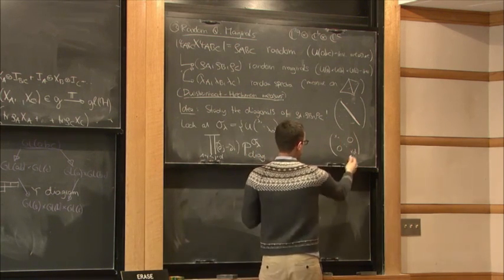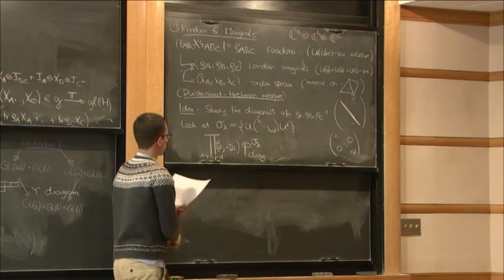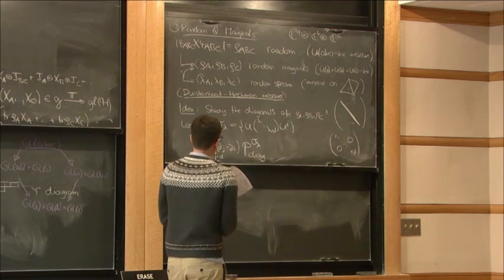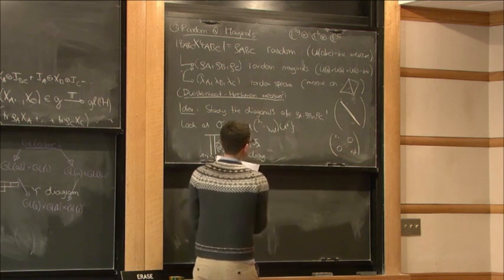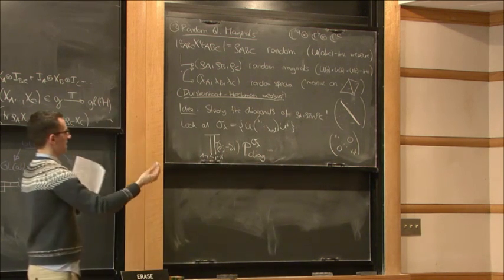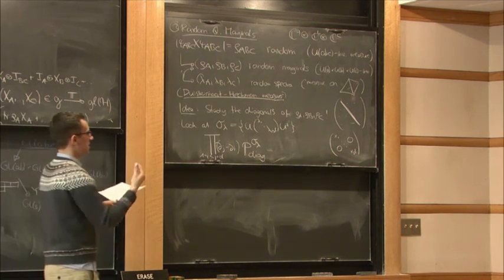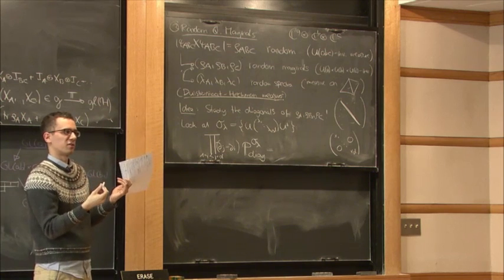I have some measure on there, and I take the distribution derivative with respect to these coordinates. It turns out that what you get is a signed measure, which is atomic, with support only at lambda and its permutations.